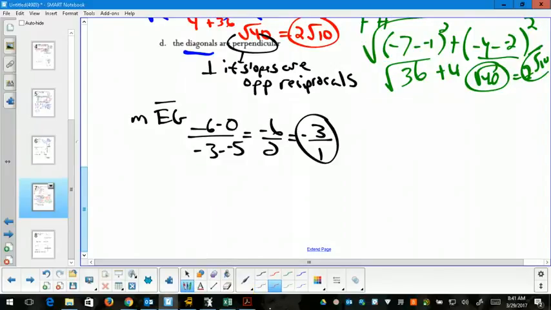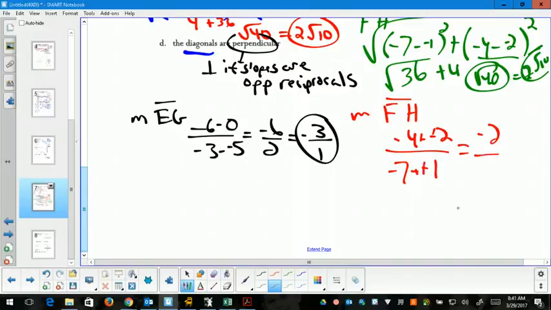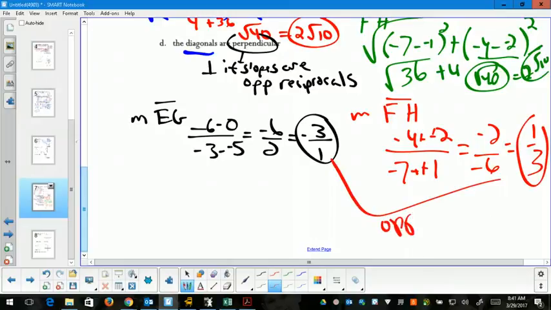For the slope of FH, I have -4 minus -2 over -7 minus -1. That becomes -2 over -6, which reduces to positive 1/3. These are opposite reciprocals, so they're perpendicular.